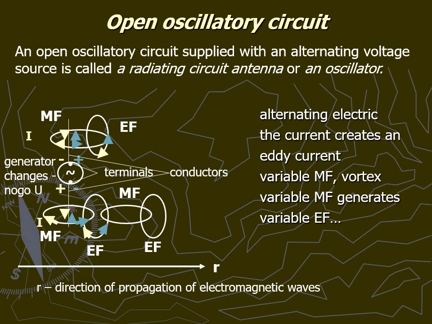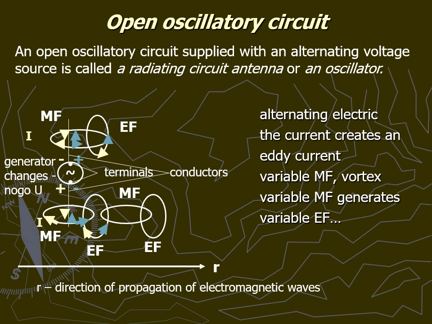Alternating current will naturally flow through the conductors. We have it shown here with the arrows. The white and blue arrows show the direction of the current. That is, in one half of the period we have a current flowing in one direction, and in the other half of the period, a current flowing in the other direction.